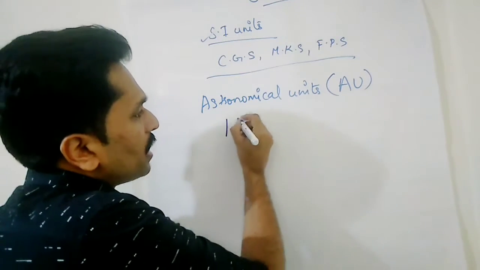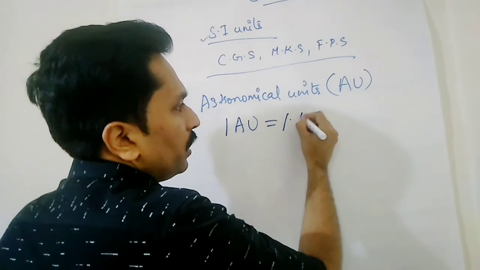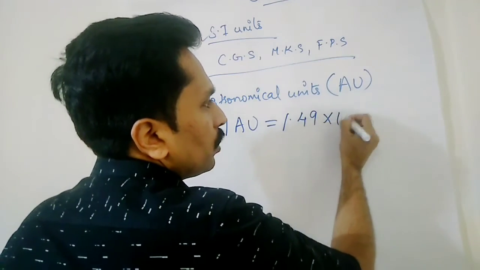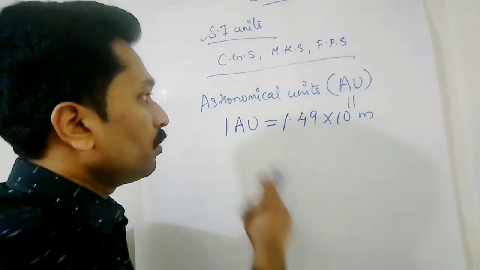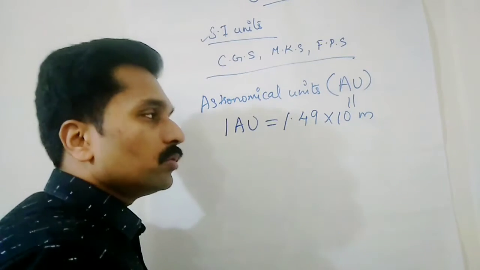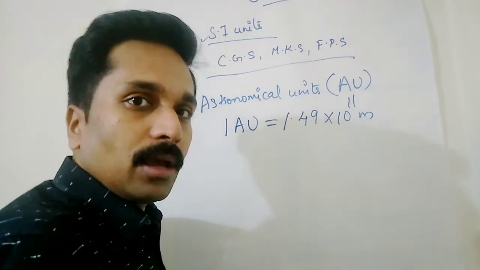And one astronomical unit is equal to 1.49 into 10 to the power 11 meters. So always remember this.